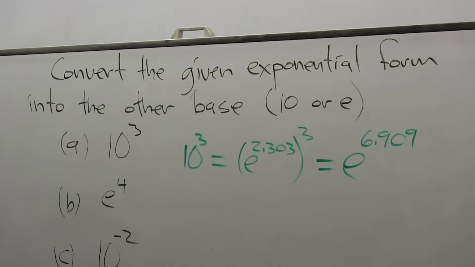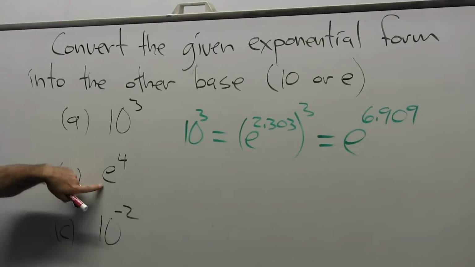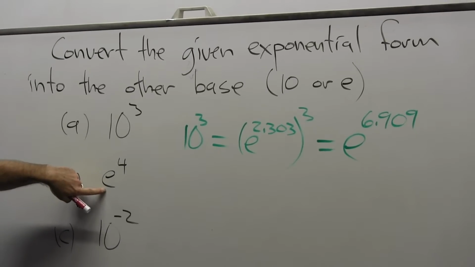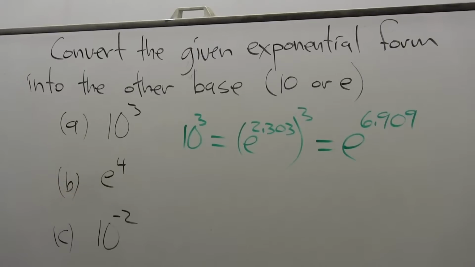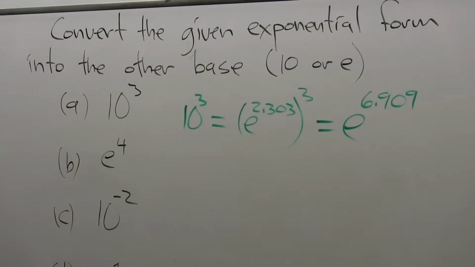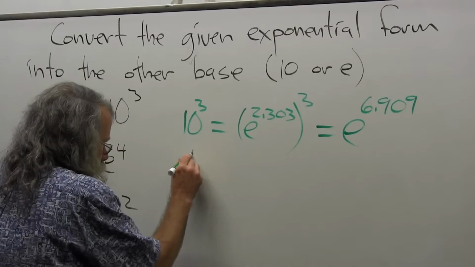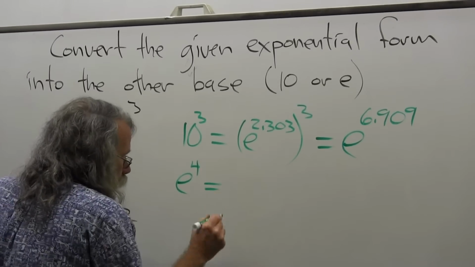And now the second one we're going to do, number B, I have to convert from the base e to the fourth power to the equivalent expression using the base 10. So I'll start with e to the fourth power, the given information.